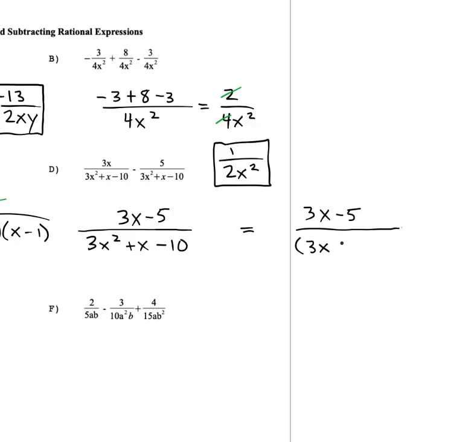Let's try 3x and x here. I think we need 3x minus 5 and x plus 2. And yeah, 3x minus 5 can cancel. So our final answer here will be 1 over x plus 2.